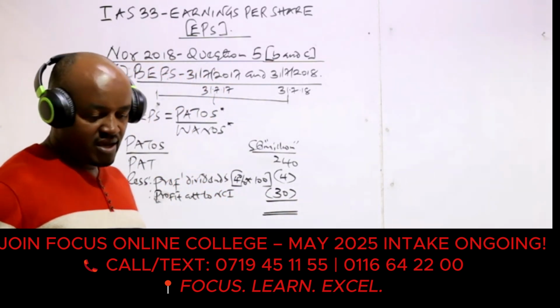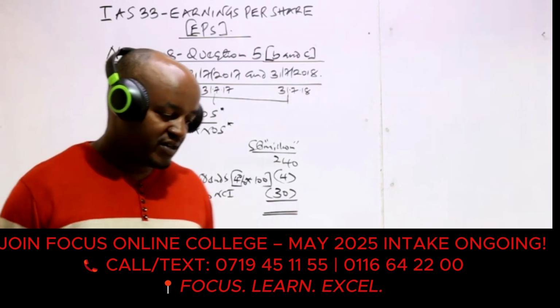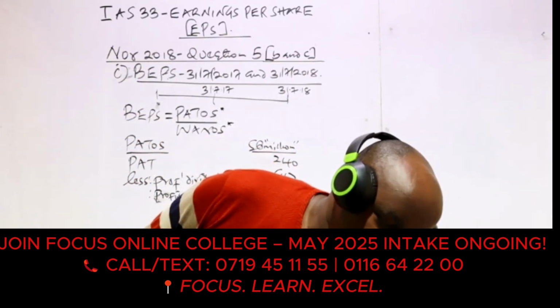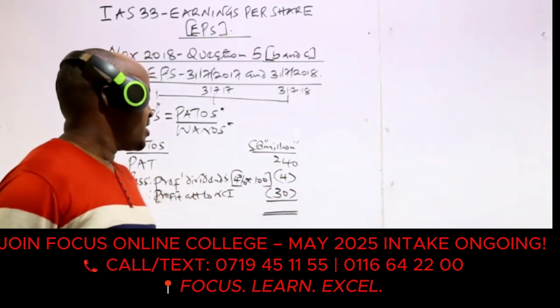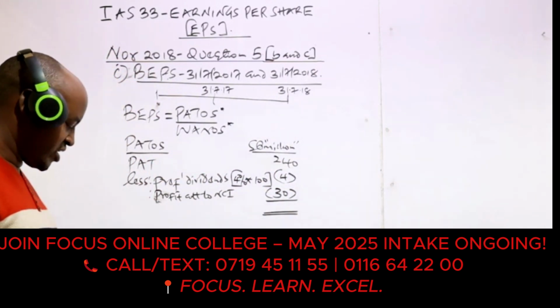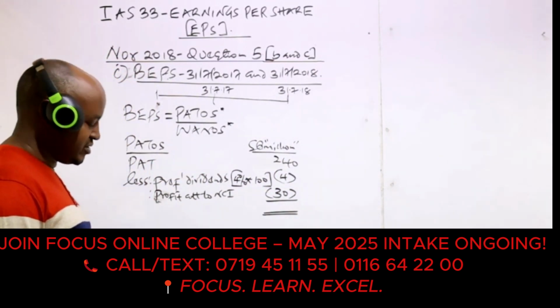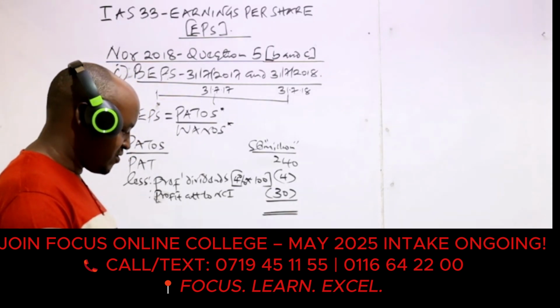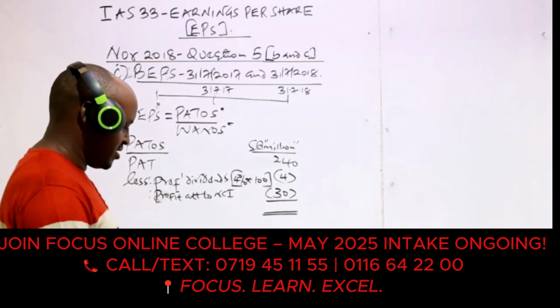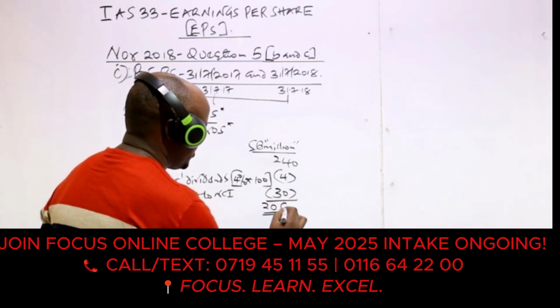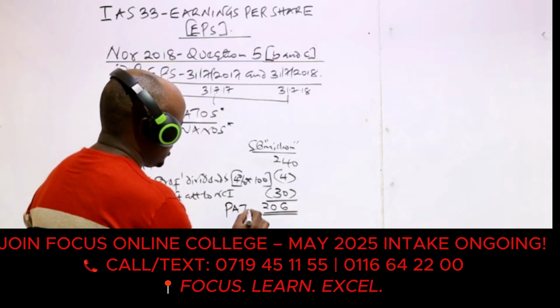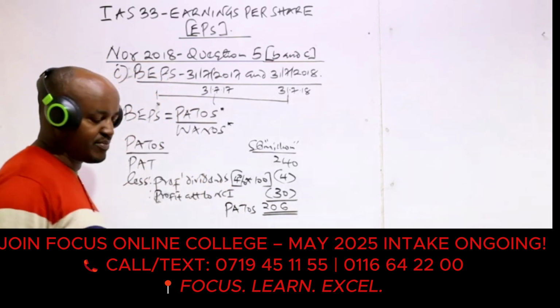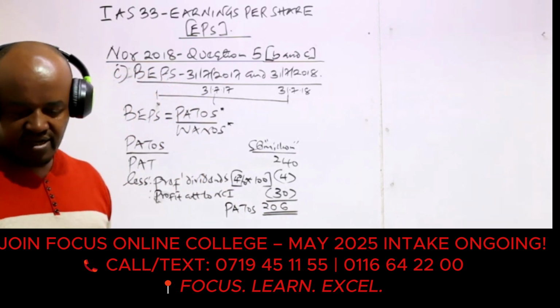So this will give us the profit attributable to the ordinary shareholders. So we have 240 minus 4 minus 30. This will give us 206 million. So this 206 is what we refer to as the PATOS, the profit attributable to ordinary shareholders.